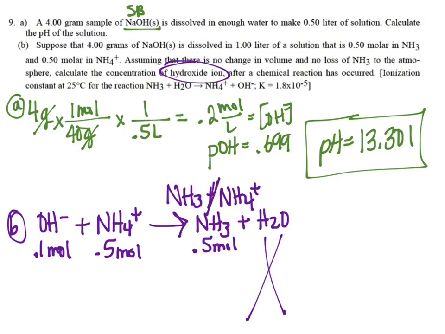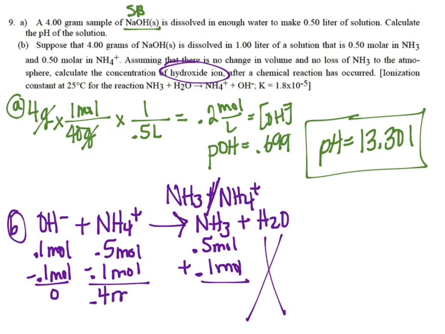Who runs out first? Hydroxide. So we subtract and add 0.1 to both the sides. And we're left with what kind of situation here? The HH, last year they called it the Henderson-Hasselhoff.